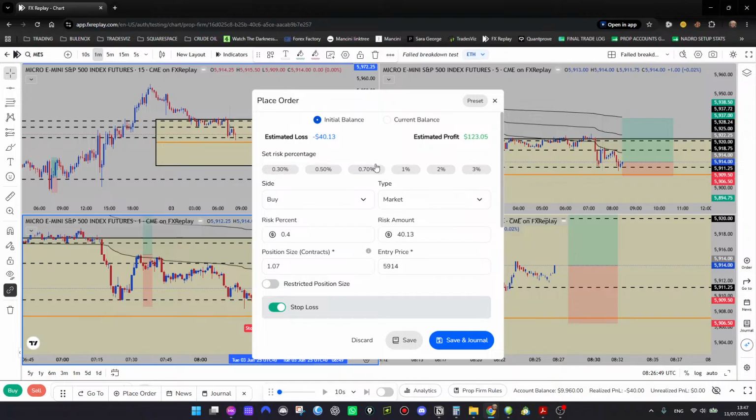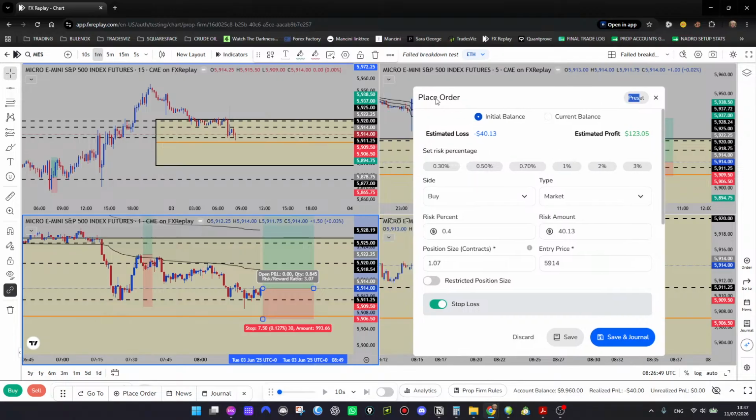Okay, we risk 40 to make 125. So it's basically 3R if we manage up that high, which it should be.